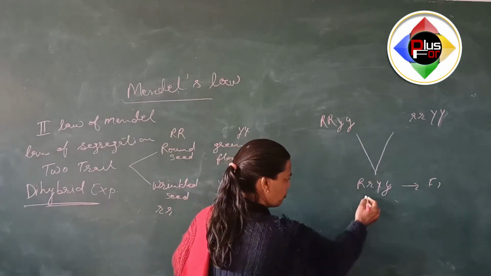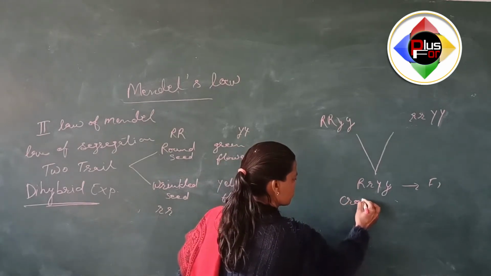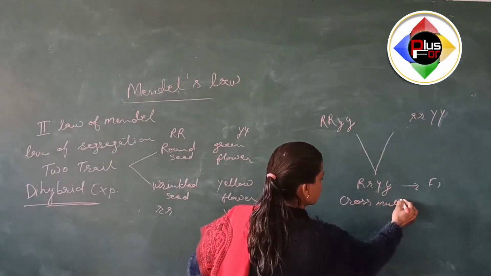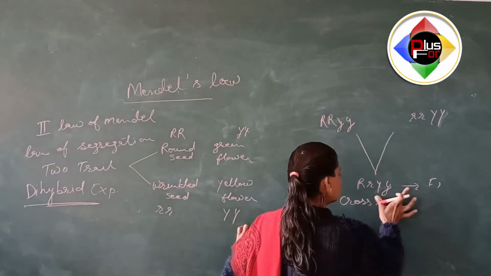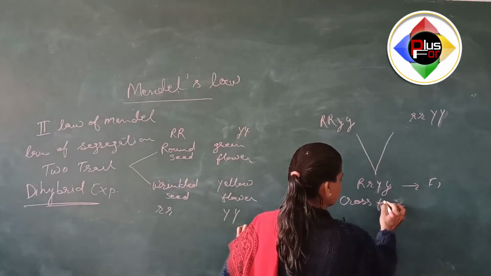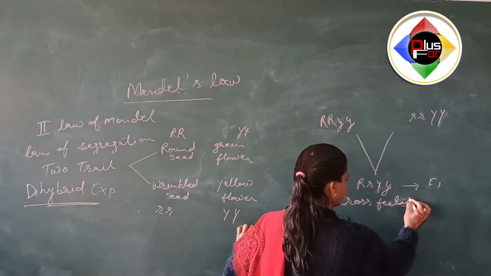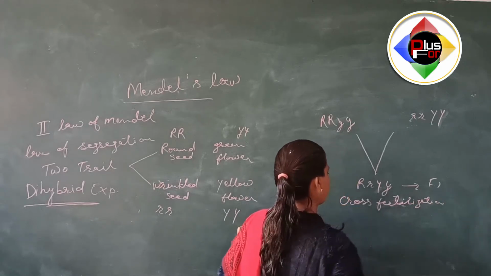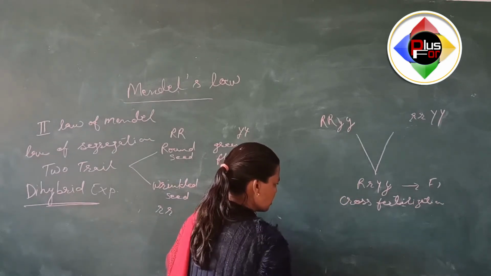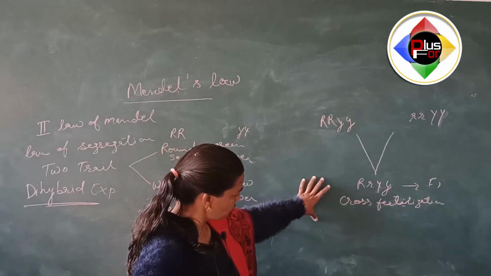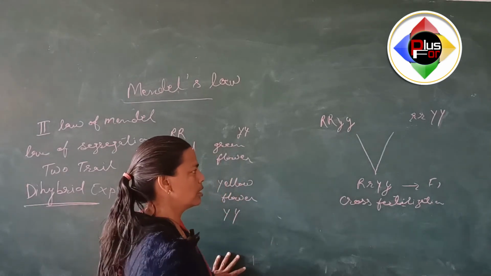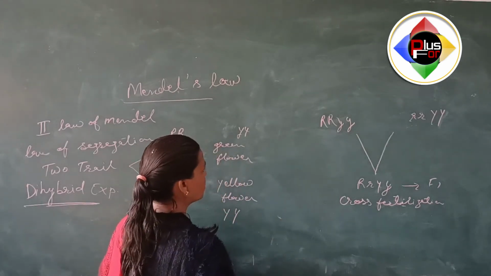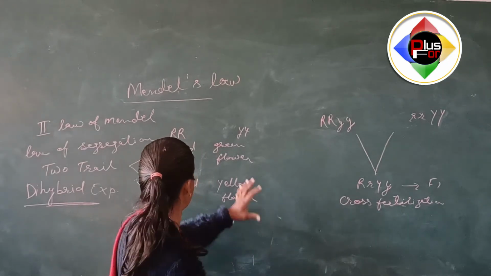When we cross them by cross fertilization, we get different kinds of plants in the F2 generation.